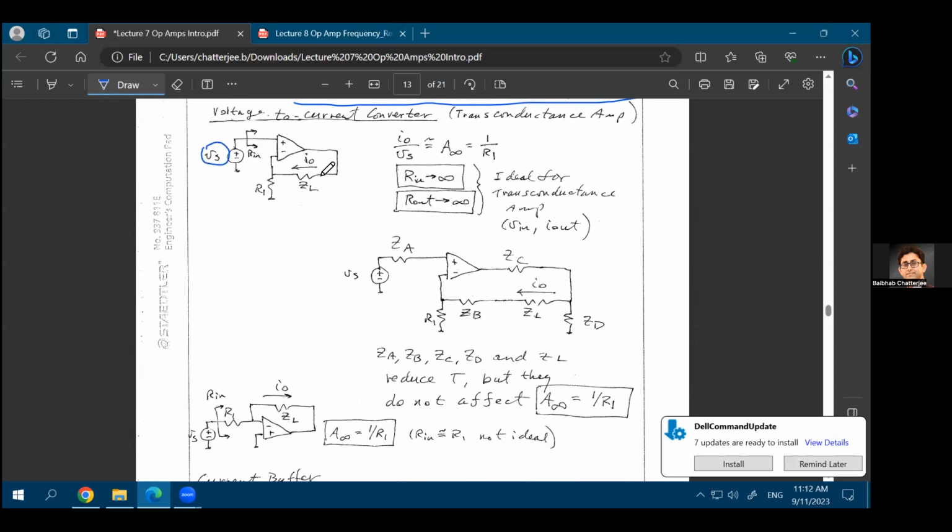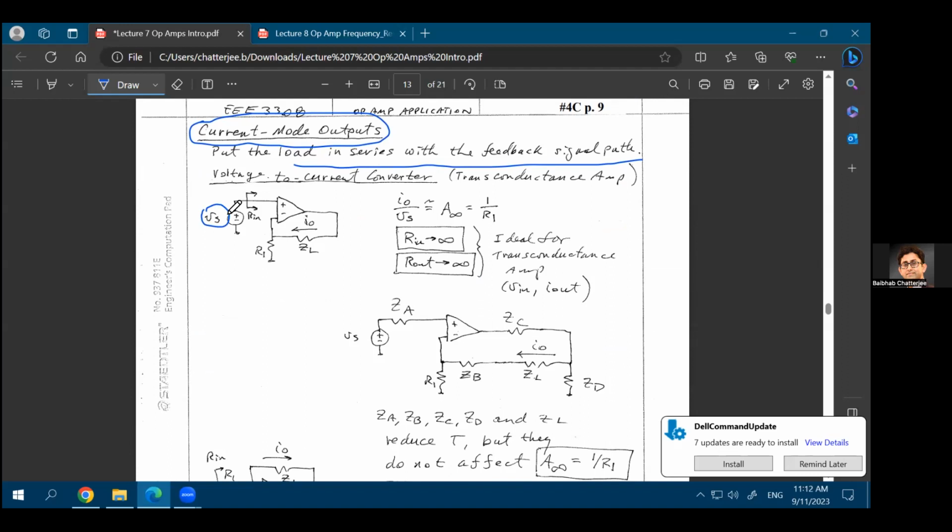output is a current. So this is one example of this, that your input is a voltage, you're providing that voltage input to the non-inverting terminal. You have this ZL and R1 connected in feedback, and the current through ZL, because ZL is the load resistance, the current through ZL is your output current I naught. So in this case, what is your gain?